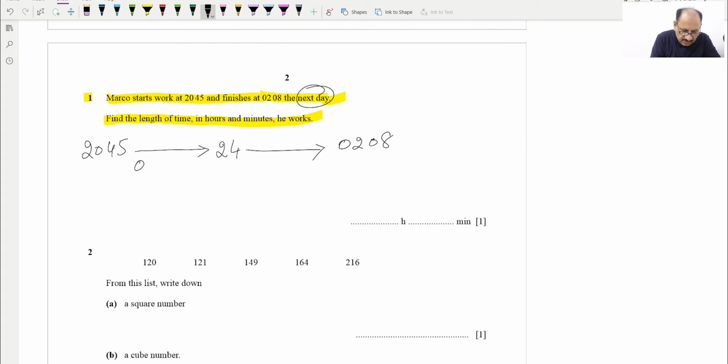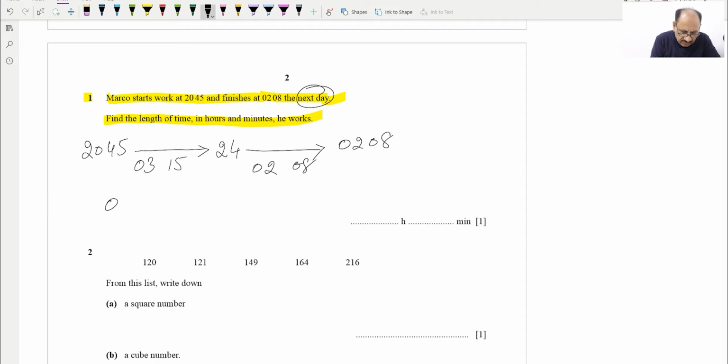So we can write 0, 3 and 15 minutes. And for the second interval, we know it is 2 hours and 8 minutes, so we can write 0, 2 and 08. Now these two times we need to add, so that will be our answer.